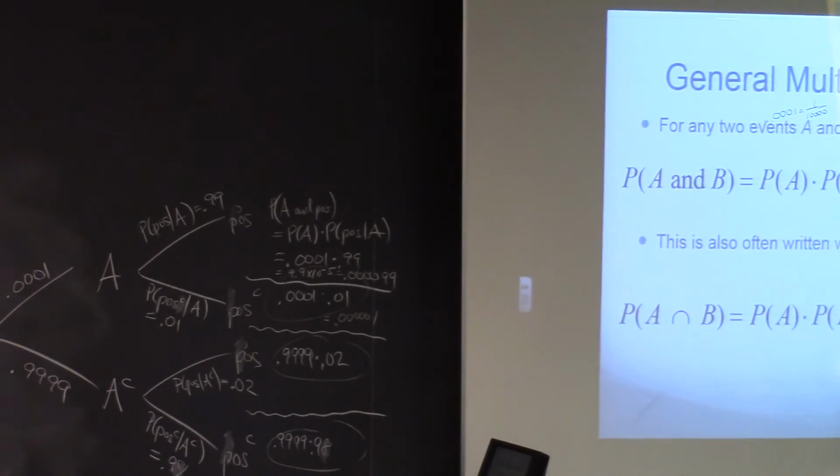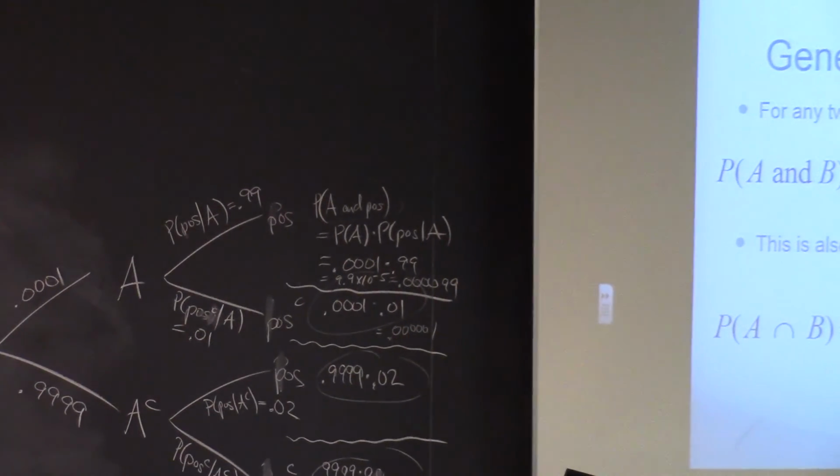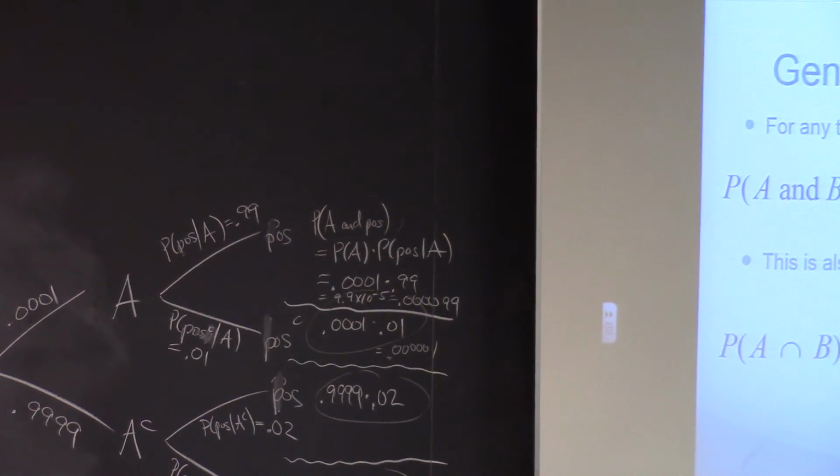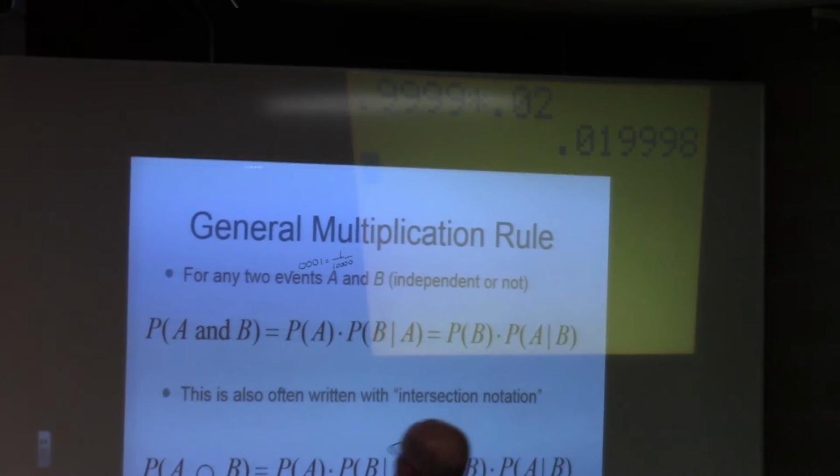Next one, 0.9999 times 0.02. It didn't come out in scientific notation. 0.019998.